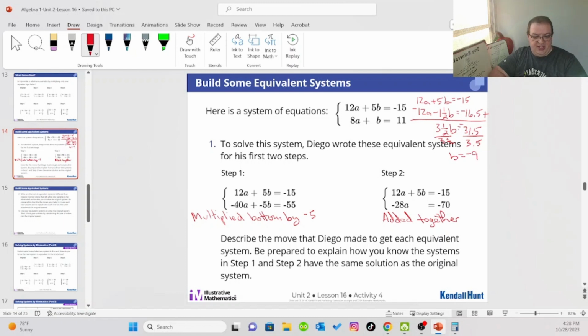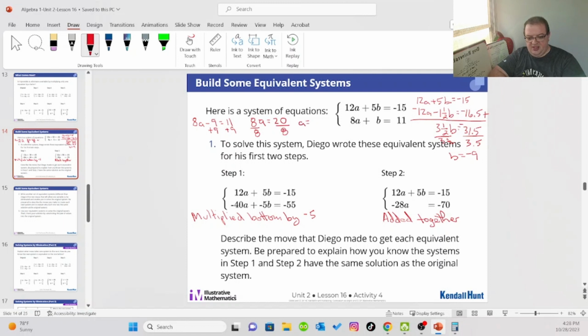Now if b is -9, then I could say 8a minus 9 equals 11. Add the 9 to both sides. 8a equals 20. Divide both sides by 8.